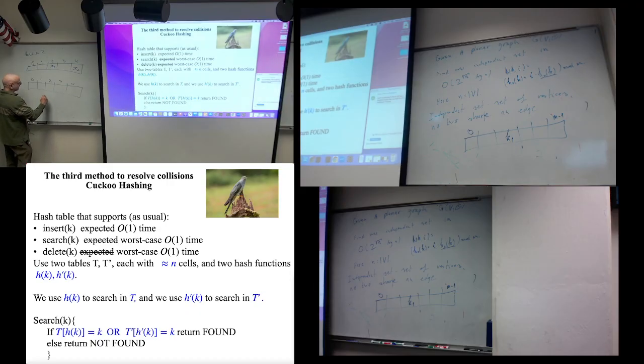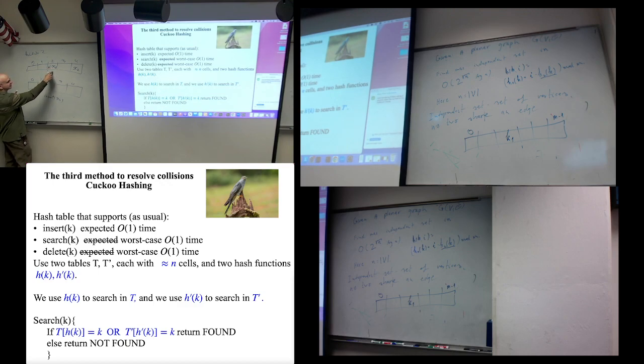And now I insert x3, and it happens that x3 is going to collide with x1. So what do I do? I take x1 and keep it in hand for a moment, and put x3 over here. I'll just write that x1 used to be here and was deleted.